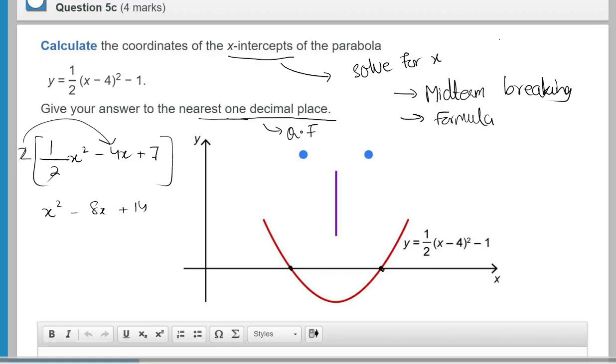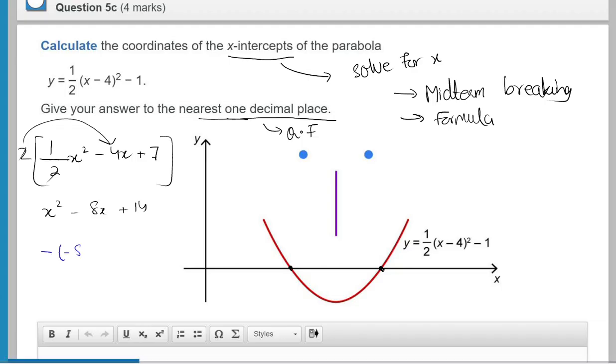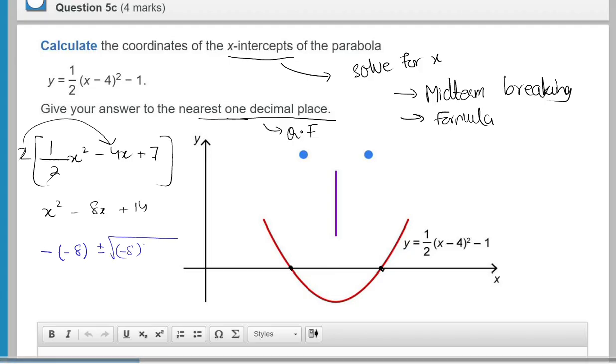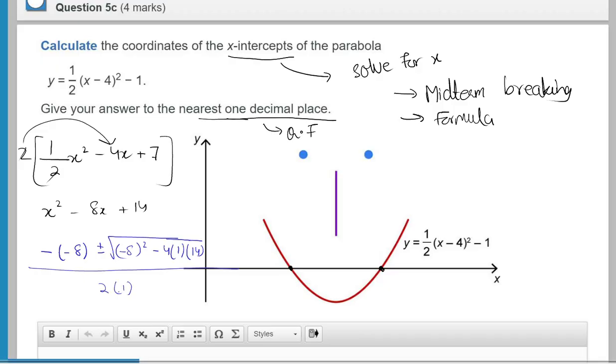Now let's apply the formula. Minus b plus minus under root of b square minus 4ac divided by 2a.